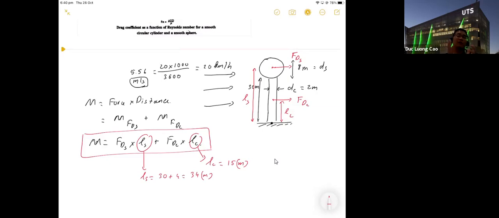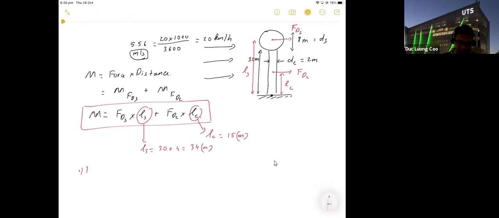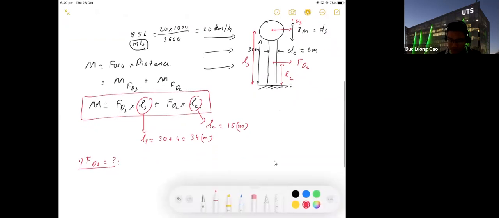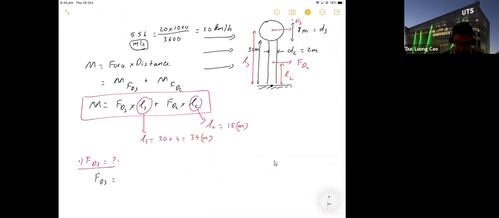But how to find the drag force applied to the spherical shell and the cylinder, FDS and FDC? Firstly, FDS. I give you 5 minutes to find FDS, the drag force applied to the spherical shell. The drag force equation is here: CD for the spherical shell, times 1/2 rho V squared, times the frontal area.